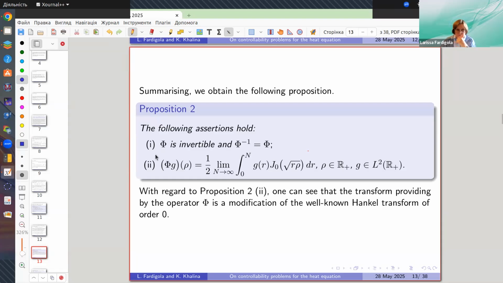And for the operator phi we have the following properties. Phi is invertible. The inverse of phi equals phi, and phi can be represented by the following formula.